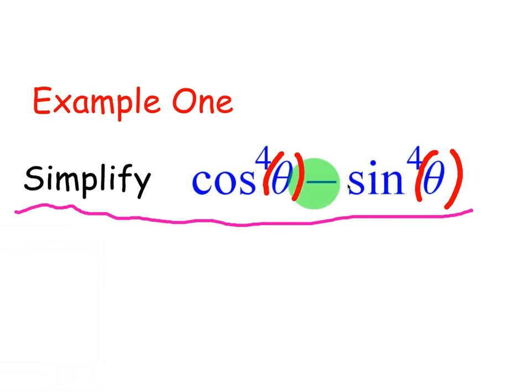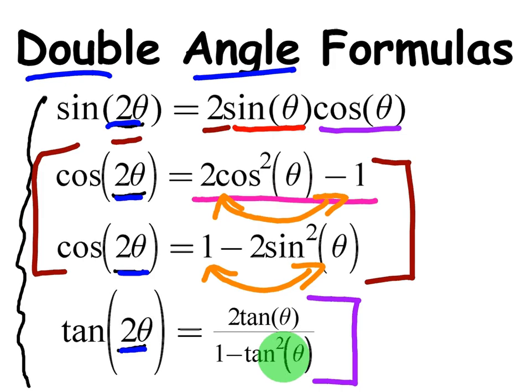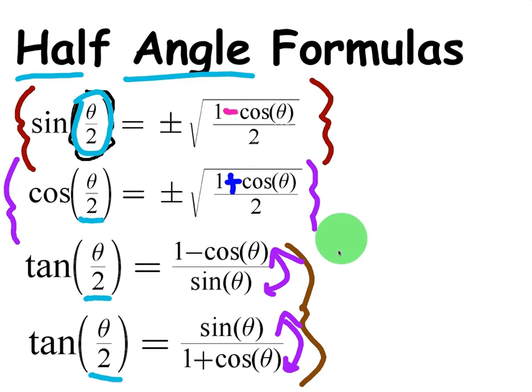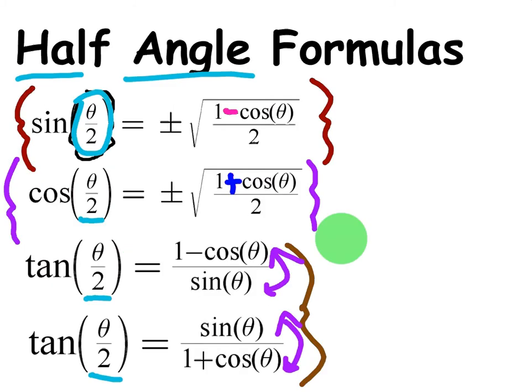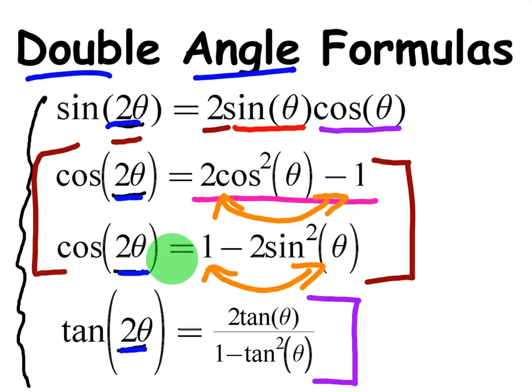So if you look at this expression and you look at these formulas that we just learned, there's really nothing that looks like anything to the fourth power. So you're probably thinking, how do I know to use double angle formulas, or half angle for that matter? Well, looking at the double angle formulas, we do have some trig functions that are being squared.